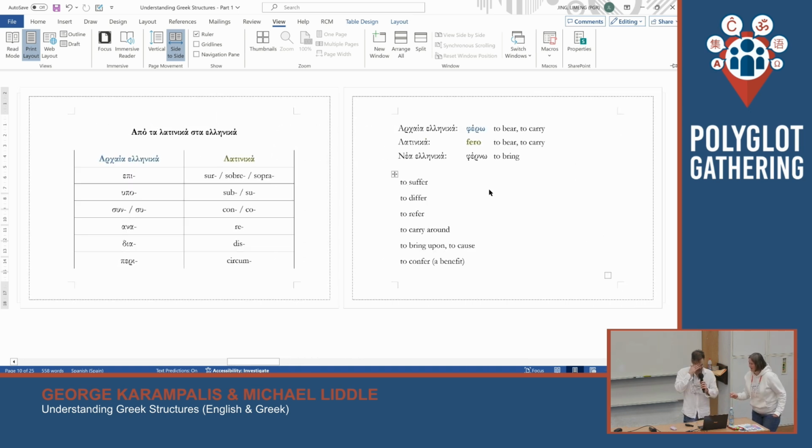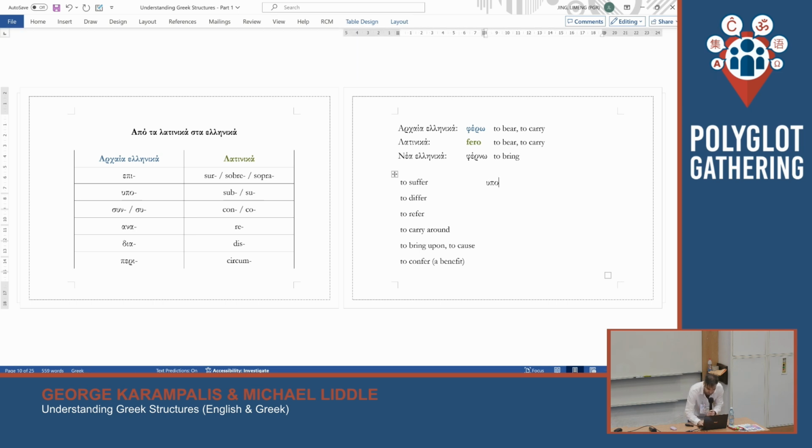Can you see at least the prefixes? Okay, how are you going to say to suffer? Υποφέρω. It's not sur, it's shu, suffer.